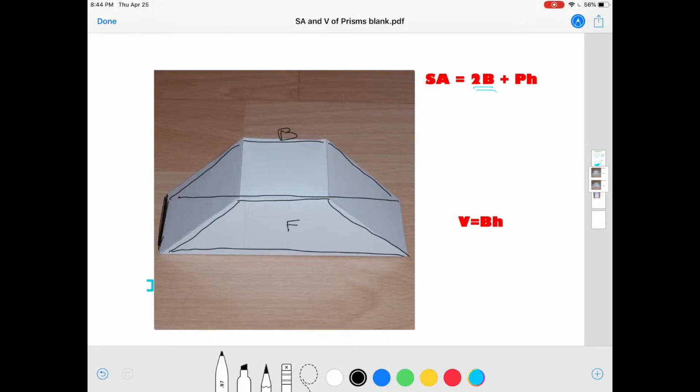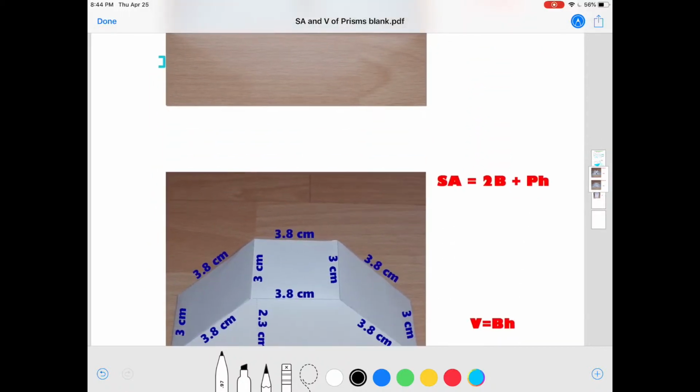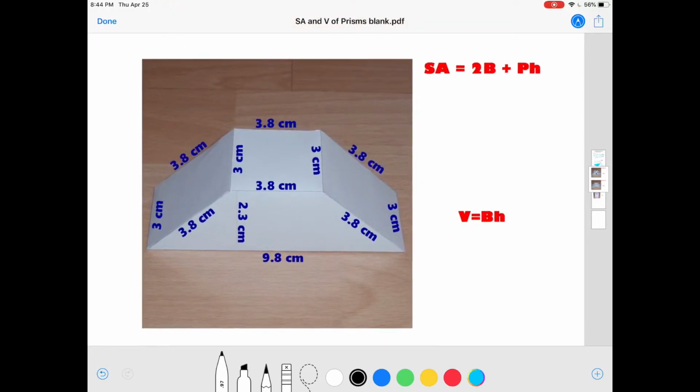Imagine if you were laying on the floor and your head was here and your feet were here. Your height would still be considered the distance from one base to the other, from your feet to your head. And so that's how we're going to think of the height of a prism, is according to how far apart its head and feet are.